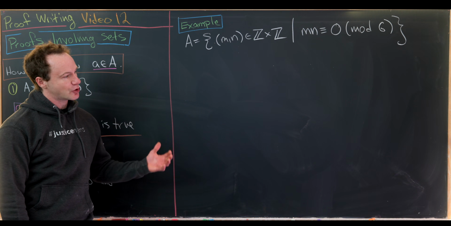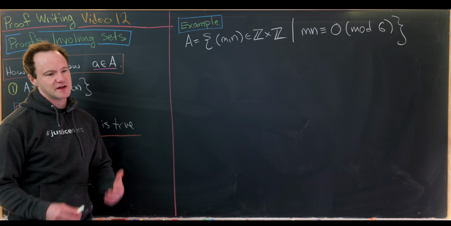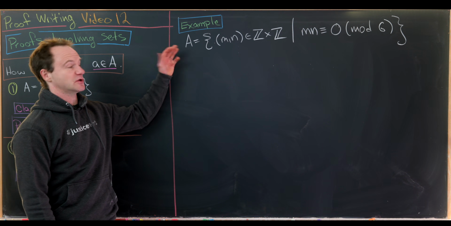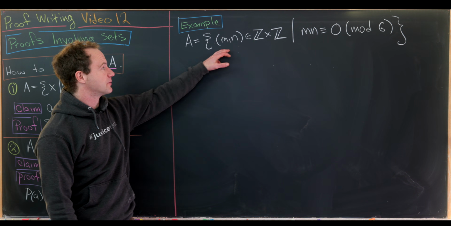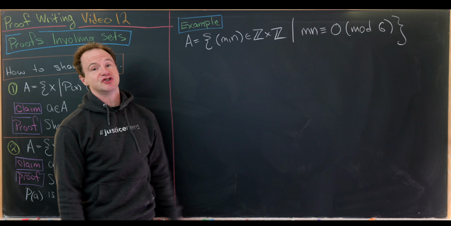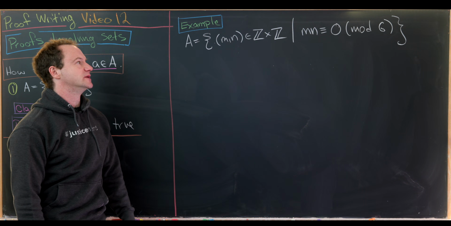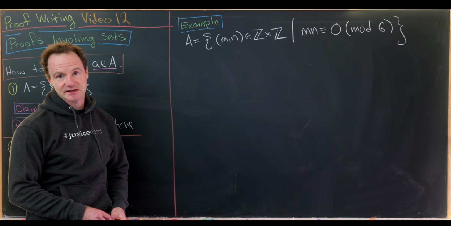Okay, so let's do a couple of examples before we move on to the meat of the video, which is showing one set is a subset of the other and then showing set equality. So let's consider the set, which I'll call A again, and it'll be all ordered pairs of integers such that their product is congruent to 0 mod 6.